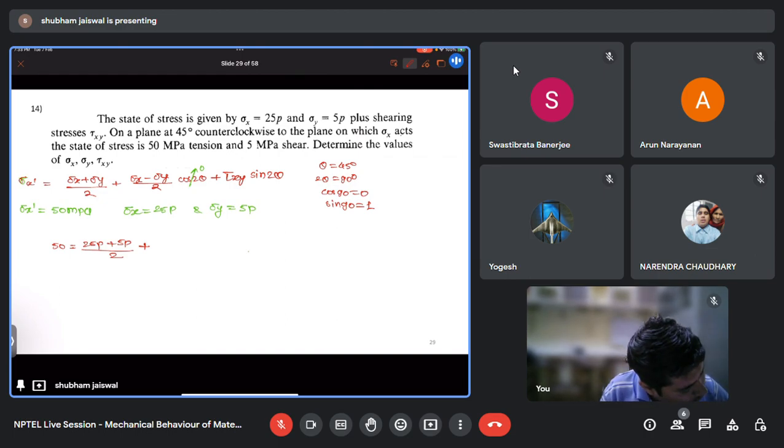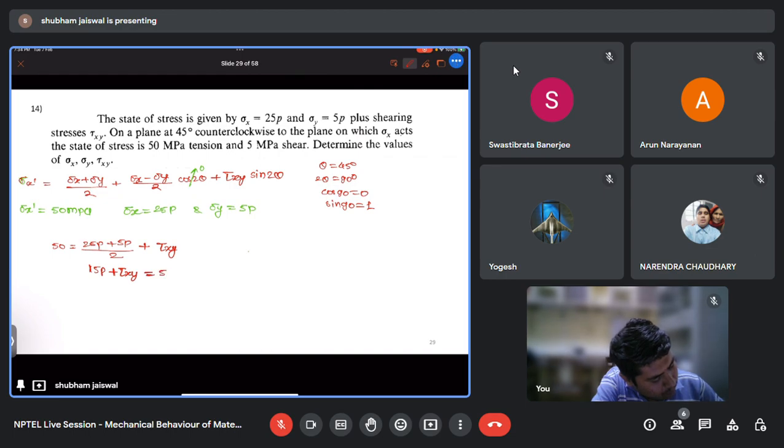No, they have not given the tau xy, so tau xy. So what we will get? 15p plus tau xy is equal to 50.